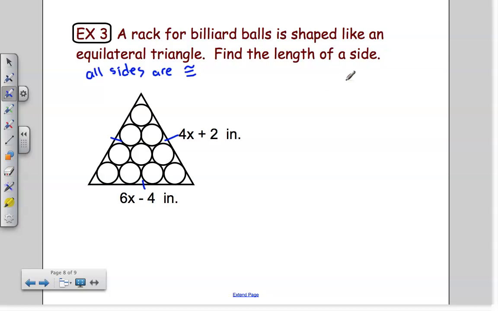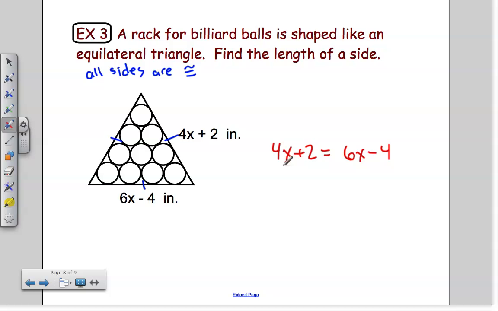Find the length of a side. Well, this side is given by 4x plus 2 inches, and this is 6x minus 4 inches. If I know it's equilateral, then these 2 lengths, these expressions, must be the same, congruent, or equal. So I can set 4x plus 2 equal to 6x minus 4. Again, it's equilateral. The sides should be congruent. They should be the same length. These should be equal then.